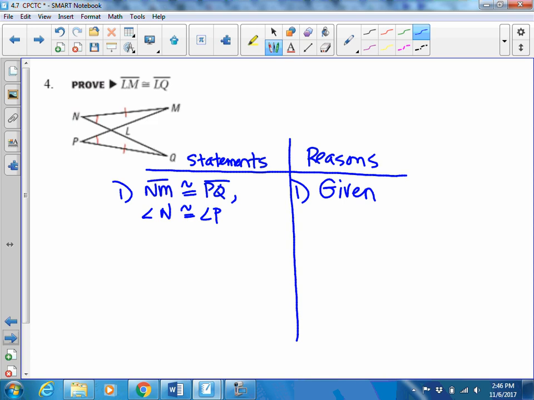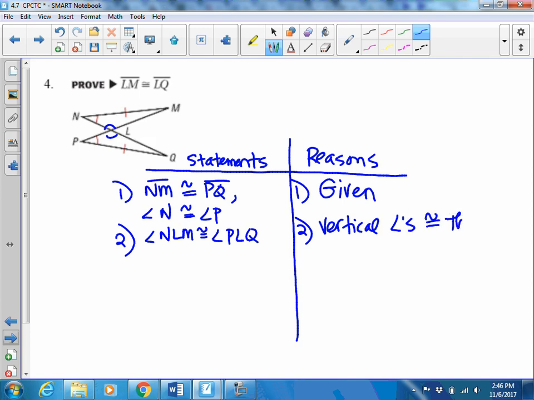So when I look at my picture, I see some vertical angles. So I'm going to mark the vertical angles, and that's going to be my next step. So the top one I'm going to call angle NLM congruent to PLQ, vertical angles congruence theorem, or just vertical angles theorem.